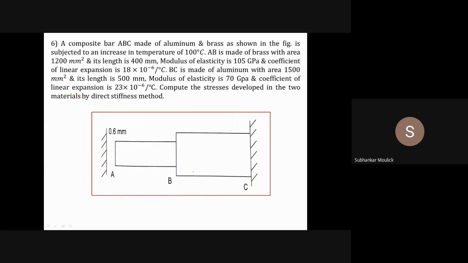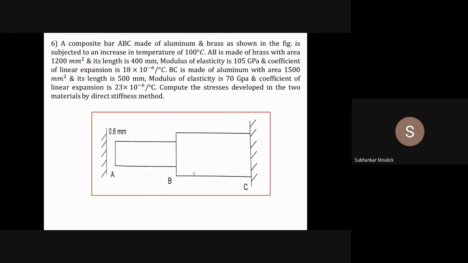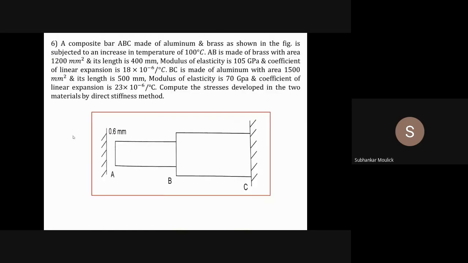Fine. So the very first step is what? The very first step is we have to divide the entire problem into some finite number of elements. So we have divided the entire problem into four finite one-dimensional elements. Why one-dimensional? Because by looking at the problem, it is very clear that each node of an element will move along only one direction.